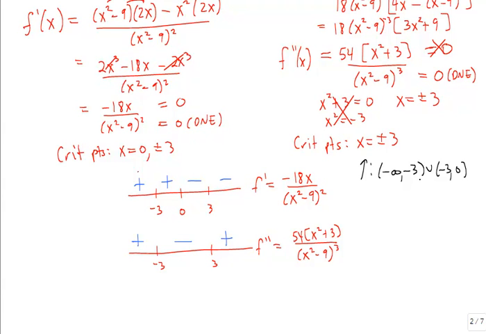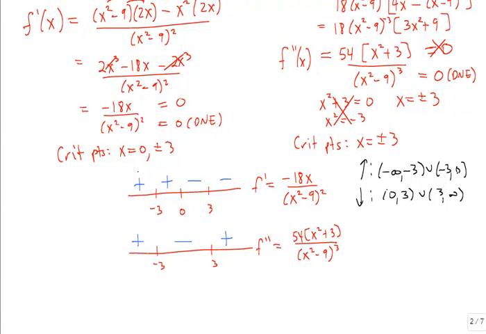So you don't want to just write it -infinity to 0, because then you're making the assumption that -3 is included on your graph, and it's not. Wherever I see minus signs on my first derivative number line, that's where I decrease. So that would be from 0 to 3, union 3 to infinity.